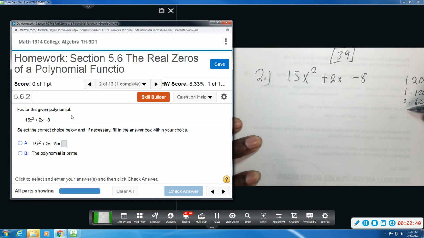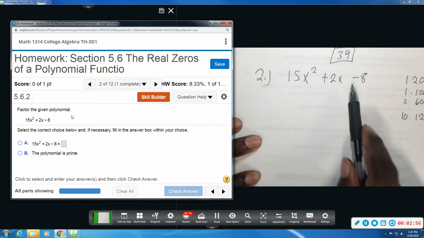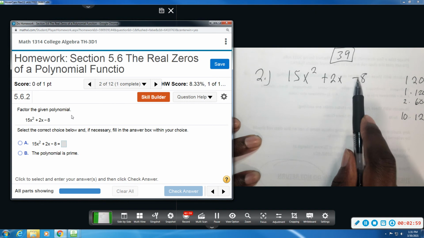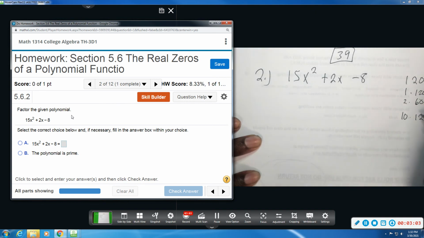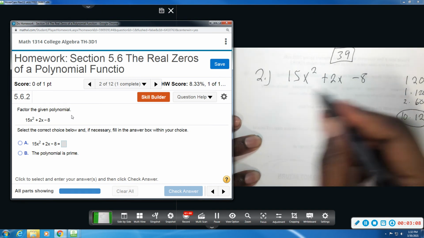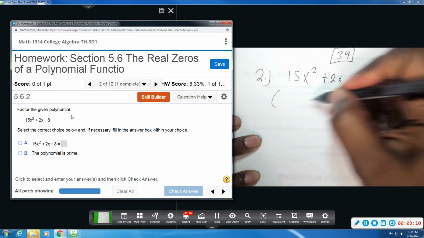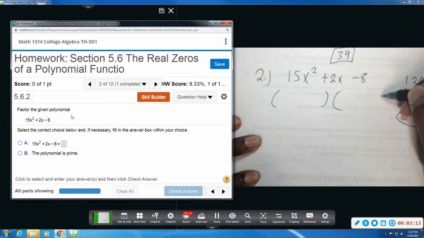As we keep going down, I know that 10 times 12 will get us what we need. 10 times 12 is 120, and if we subtract these two numbers, we get 2. The sign at the back tells you what to do, either to add or subtract. Being that it's a minus, we subtract, so that means this problem will factor. So then I do 2 sets of parentheses.